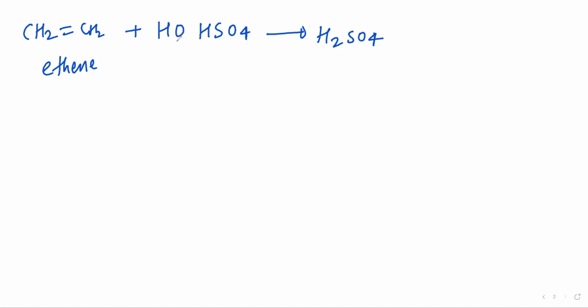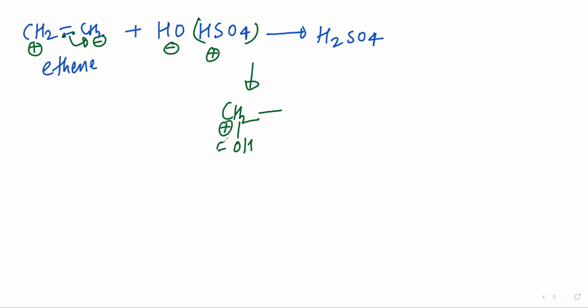This whole part is minus, and I will write with a different color, this minus and this whole part will be plus. In a similar manner, distribution of electrons will happen. So this will become minus after gaining the electron, and this will become plus. So CH2 forms, and here HSO4 will come, because plus will attract minus, right?